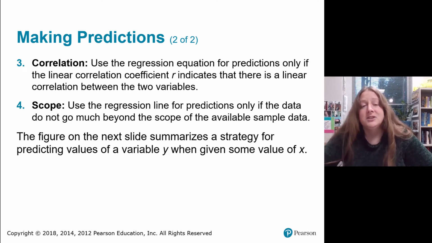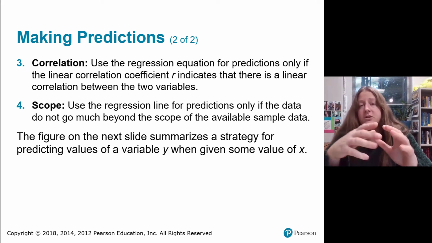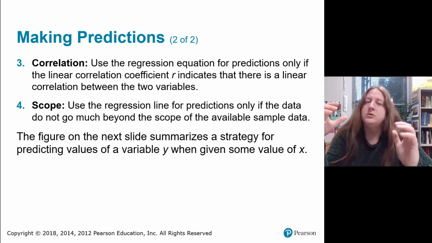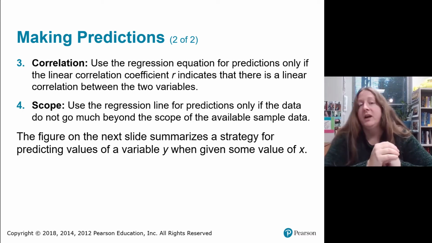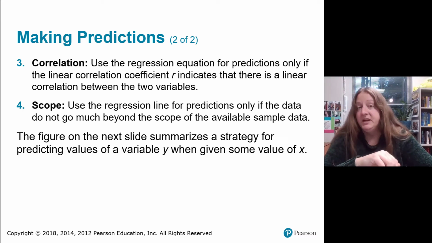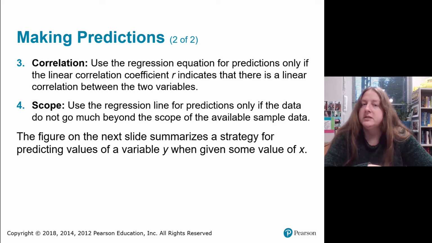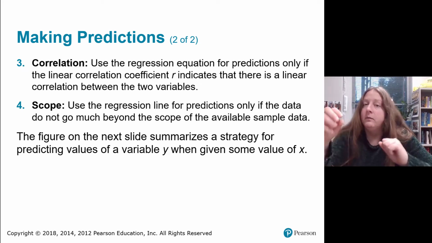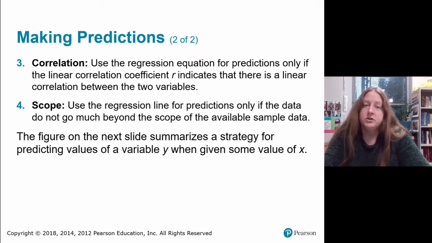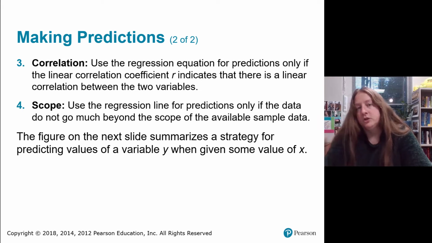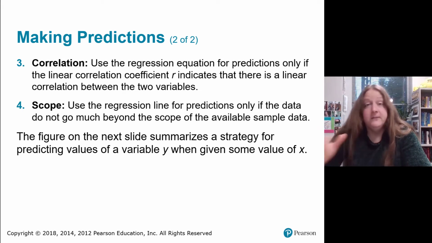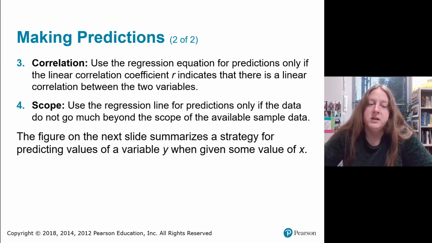So we need to be kind of close to the scope of our X values that went into finding our line to begin with when we're making predictions. So when we're completely within that, it's called interpolating. And when we go outside of that, it's called extrapolating. And we need to be really careful that we don't extrapolate very far at all from within the scope of our sample data to begin with.